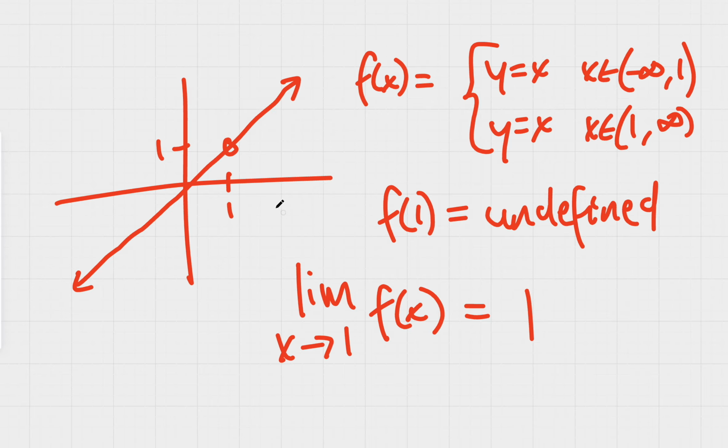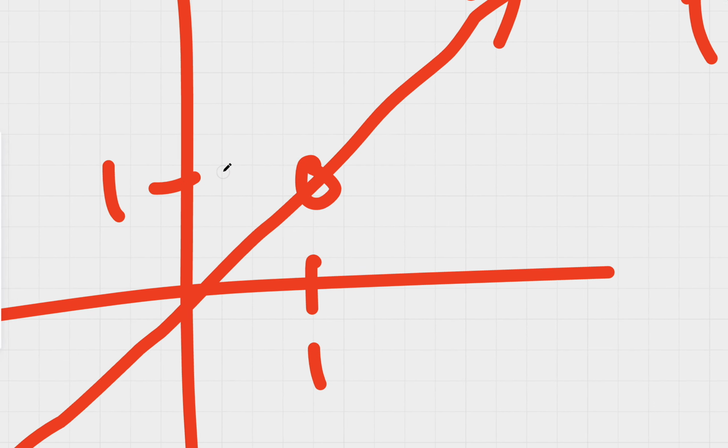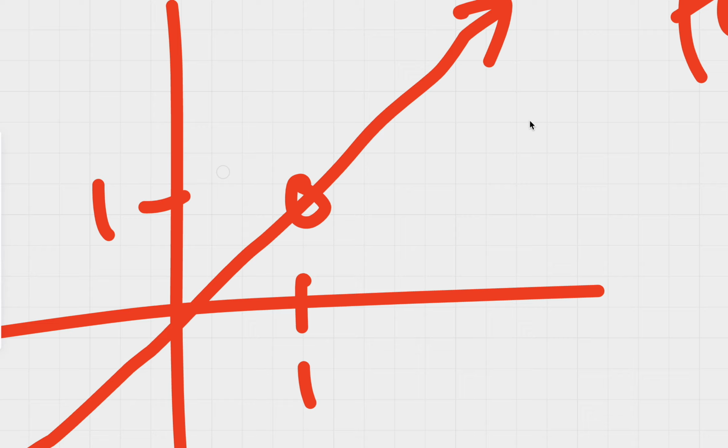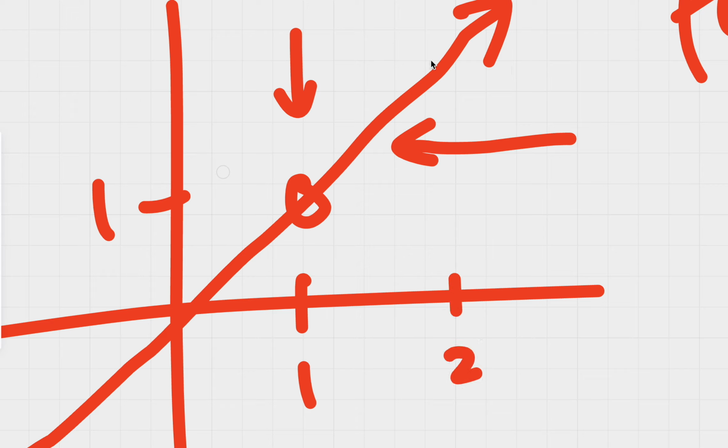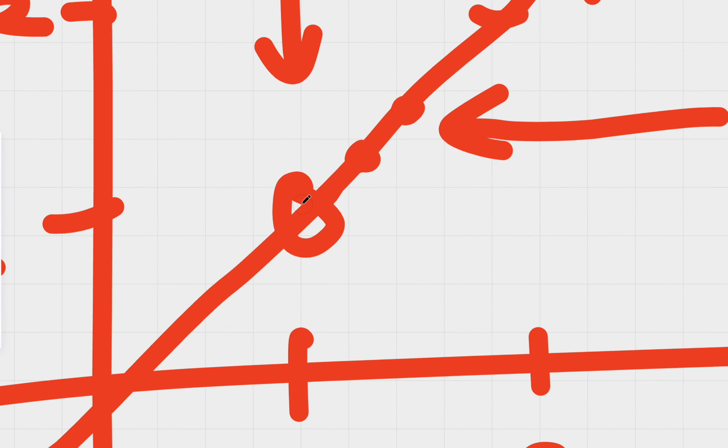Why? Because let's take a closer look at the graph again. From the positive side, which is this side, as you get closer to 1, what does the number get closer to? Like here at x = 2 it would be 2, and then here 1.5, and then 1.25, and so on, all the way down, where if you go immensely close, you'll see that it will eventually get to 1.